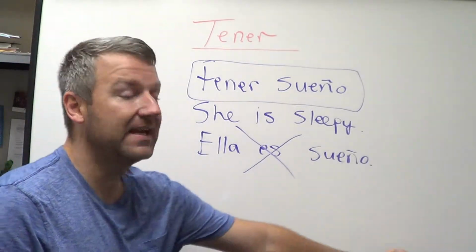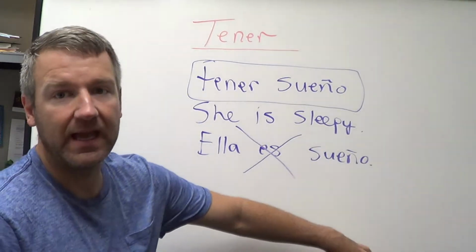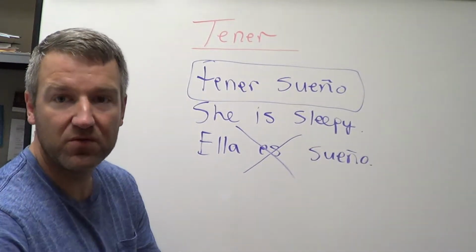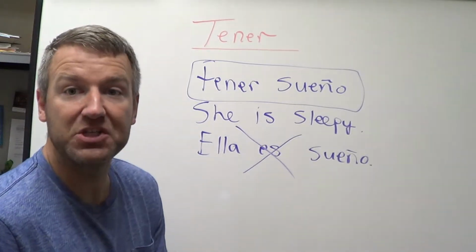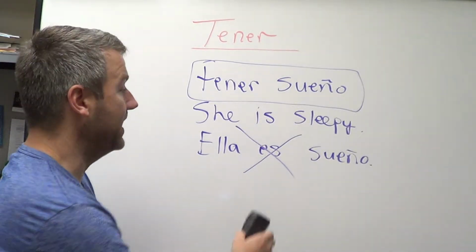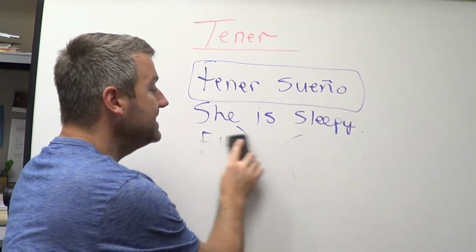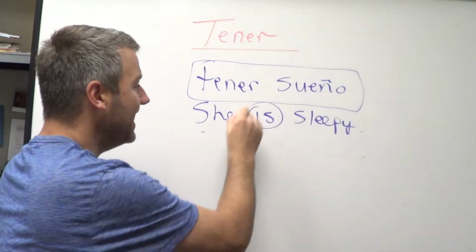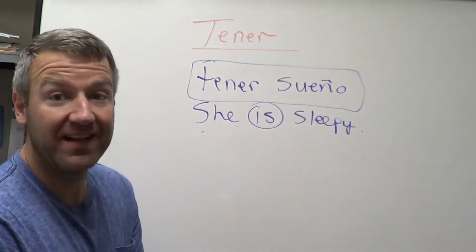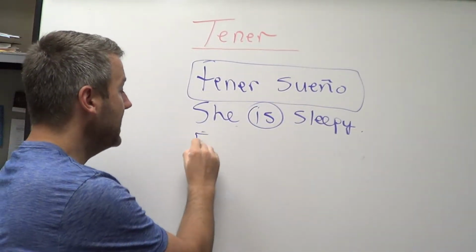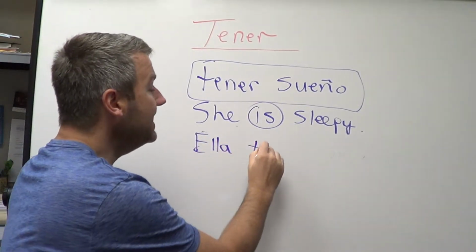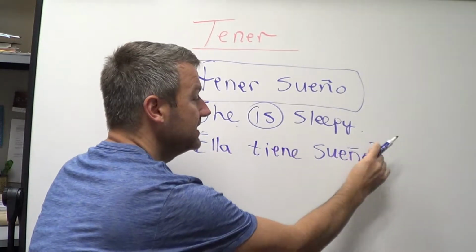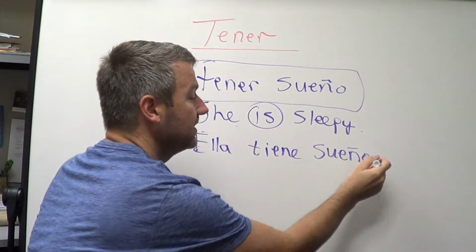So this is something, guys, that just developed from Latin, and as you know, Spanish came from Latin, so it's just one of those things that Spanish inherited, so we just have to accept it that way. So we can't say that ella es sueño. So for the word is, we have to translate that using the verb tener. So we can say ella tiene sueño. She is sleepy. Okay, that's a statement.